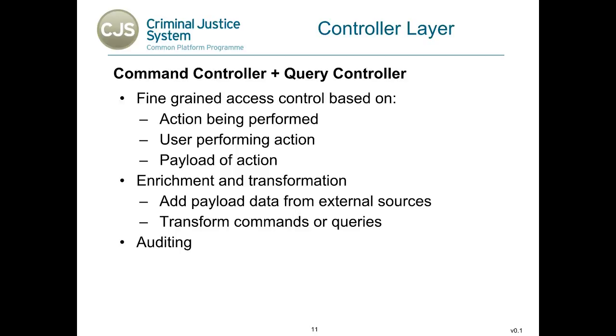So the difference is that here we want to get into some domain detail, and we want to be able to check, is this user allowed to perform this particular action on this particular thing? So we can examine the payload, we can go off and find additional information to support the decision, and then make a decision based on that.